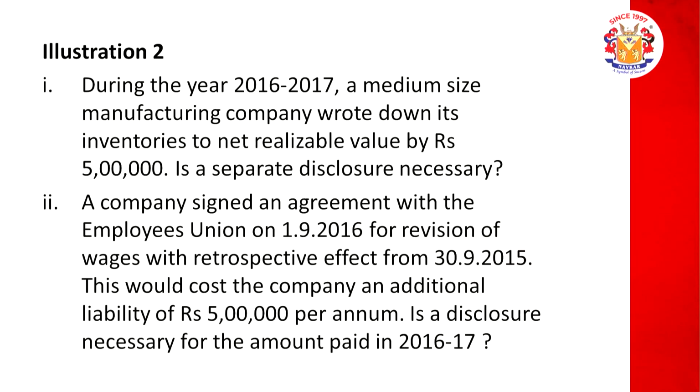Is a disclosure necessary for the amount paid in 2016-17? See, in the question you can see that the agreement was signed on 1st September 2016 for a retrospective revision from 30th September 2015.